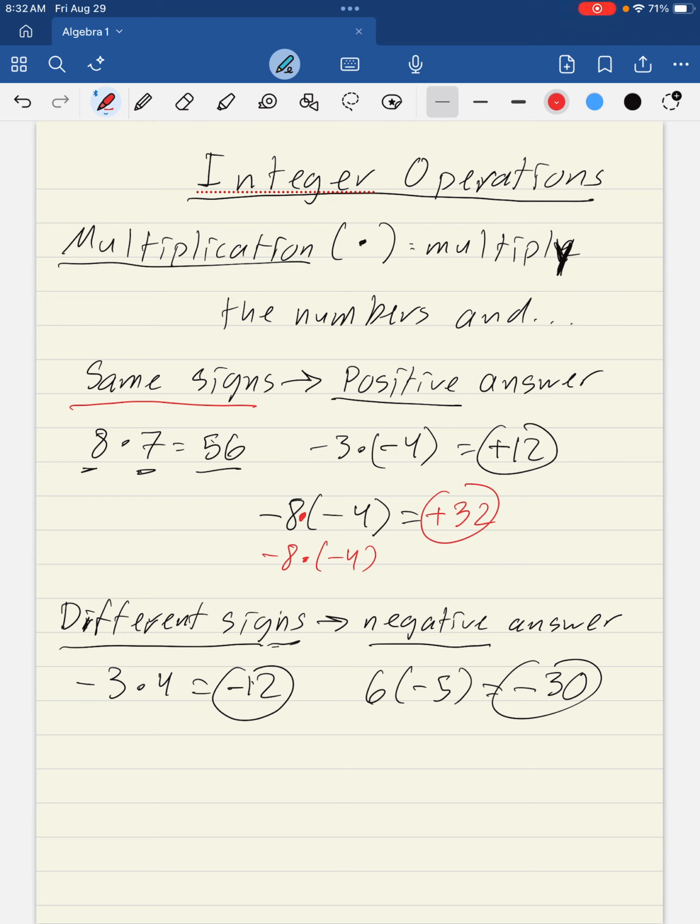And our little warning sign here: it doesn't matter which one's positive. It doesn't matter if the larger number is positive.